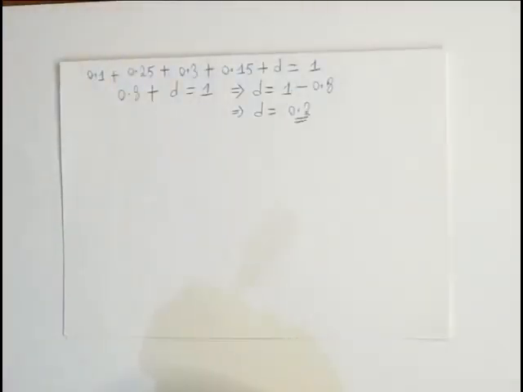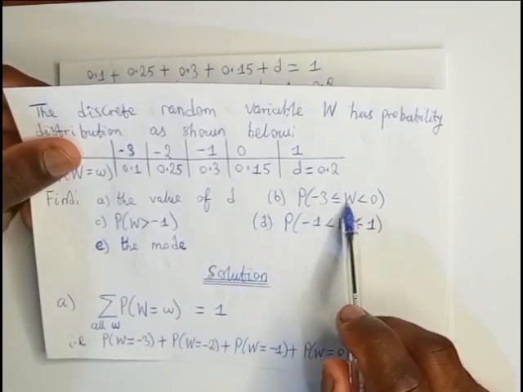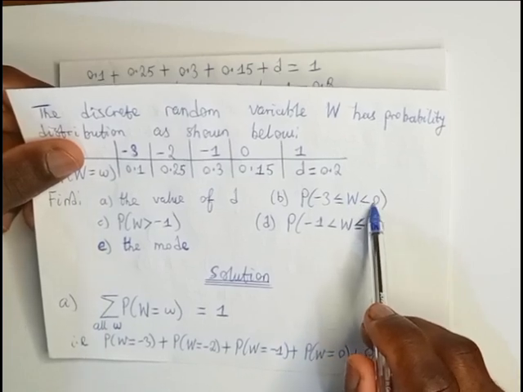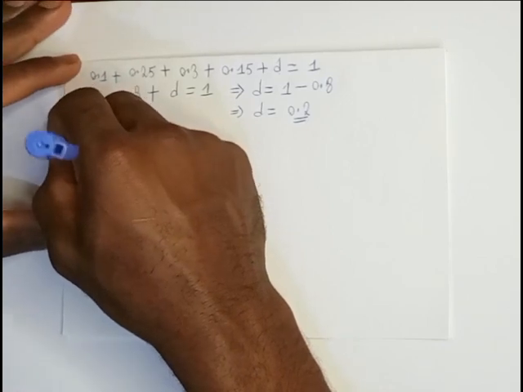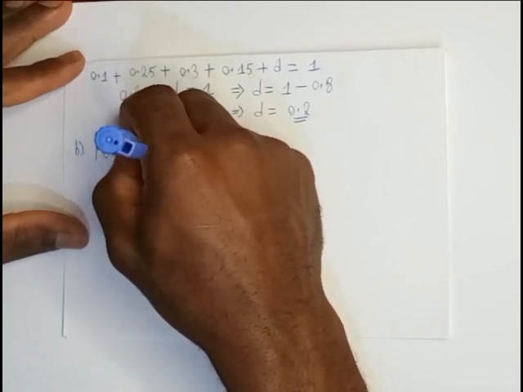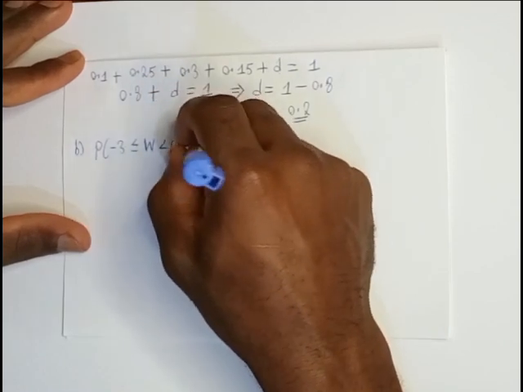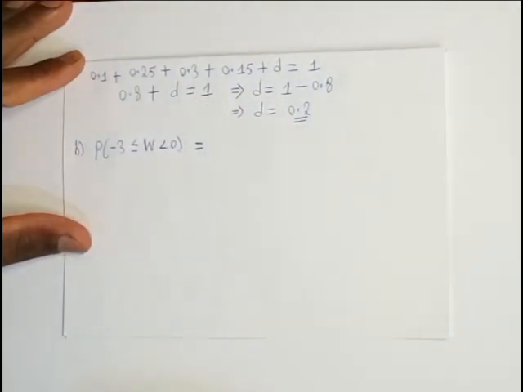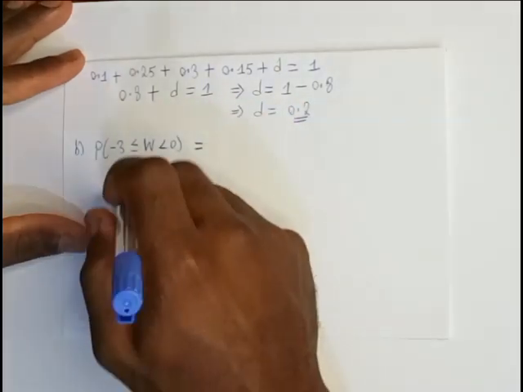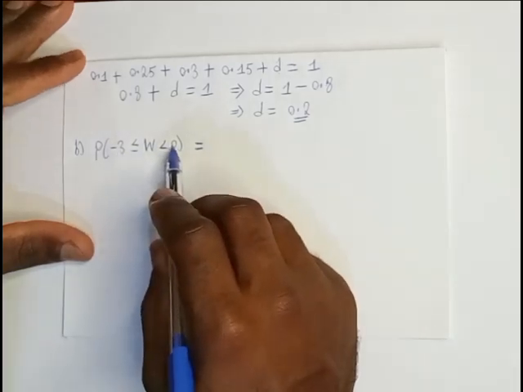Moving on to question B, we have to find the probability of -3 less than or equal to W strictly less than 0. P of -3 less than or equal to W strictly less than 0. This will simply be equal to, since it is a discrete random variable, we take integer values from -3 strictly less than 0.